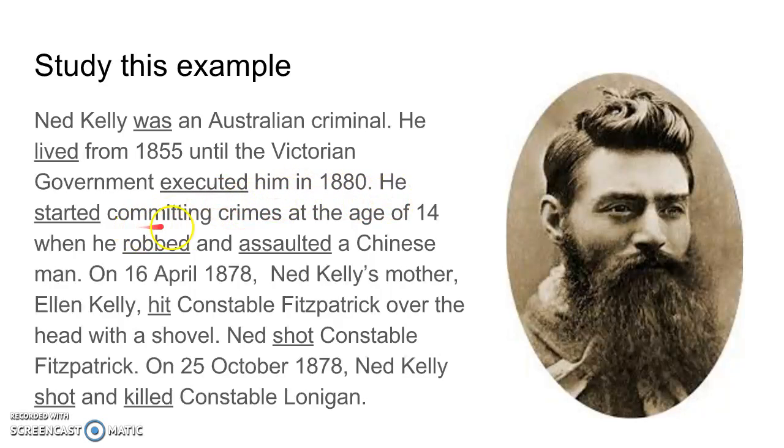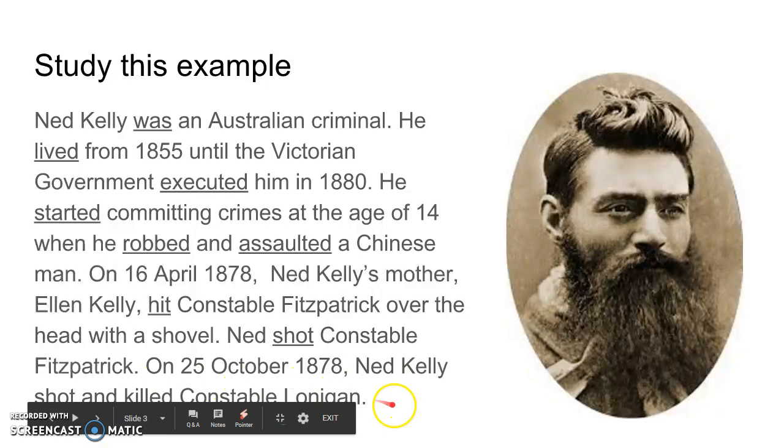He started committing crimes at the age of 14 when he robbed and assaulted a Chinese man. On the 16th of April, 1878, Ned Kelly's mother, Ellen Kelly, hit Constable Fitzpatrick over the head with a shovel. Ned shot Constable Fitzpatrick. On the 25th of October 1878, Ned Kelly shot and killed Constable Lonergan.